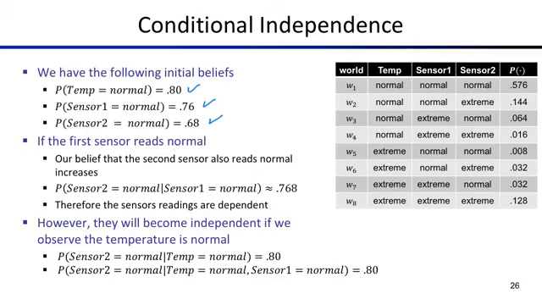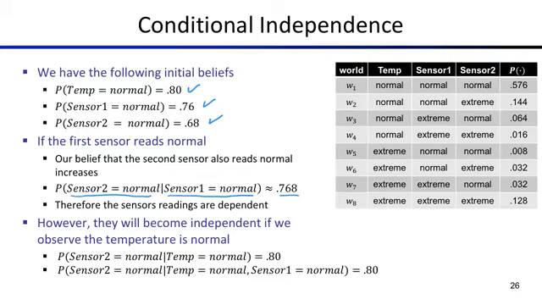So we can imagine that these two sensors are somewhere, I don't know, maybe close by in the same room or something like this. So if I know the reading of one sensor, that will change the probability of reading another sensor. So those two sensors are not independent from each other. So we can check that, right? We compute the probability of sensor 2 being normal, given that sensor 1 is normal, and that increases to 0.768.